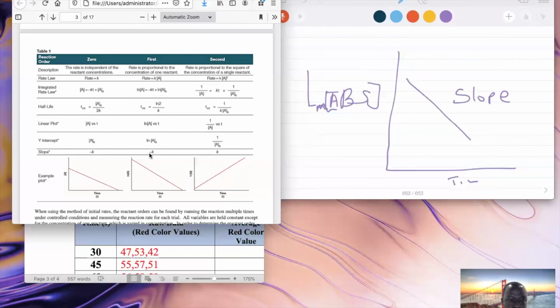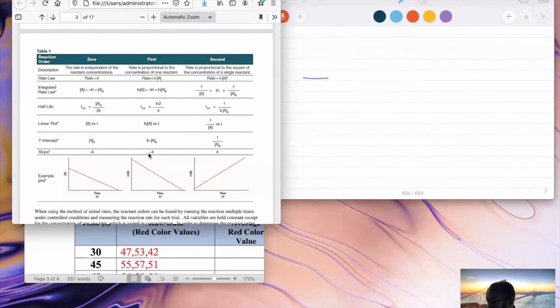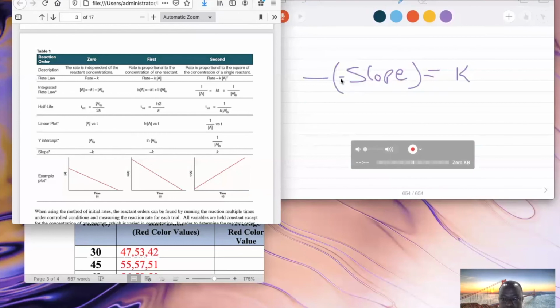This negative here is to make it positive, so k equals negative slope. That will give you the value for k. I don't want to see negative values. Just make it positive. Negative and negative make it positive. We don't have the negative here for second order because the slope is already positive.